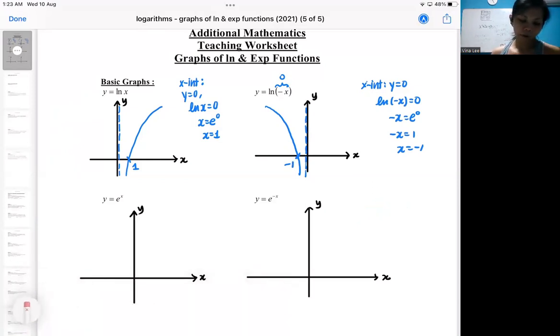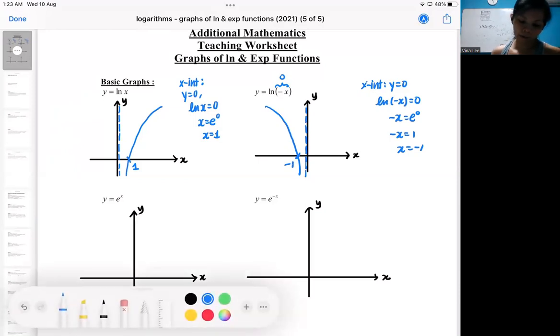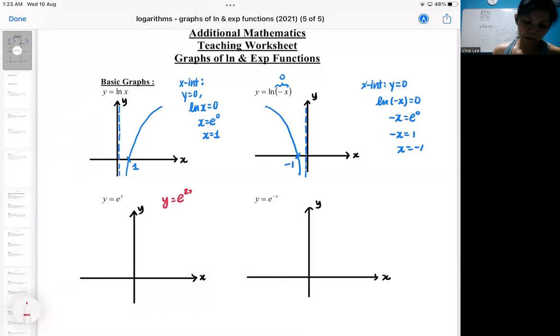So for the exponential part, you also look at x. If x is positive, it can be e^2x, e^3x. Generally, the shape will be like this. And there will be a dotted line here.